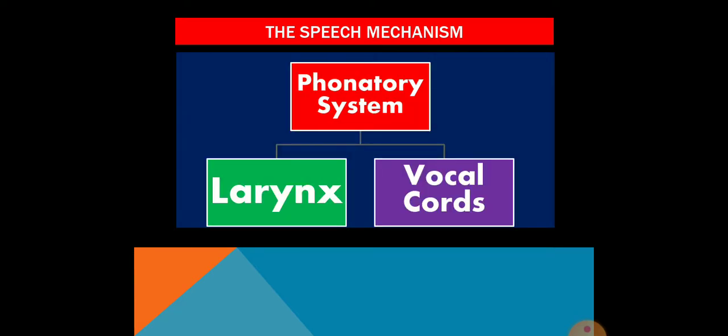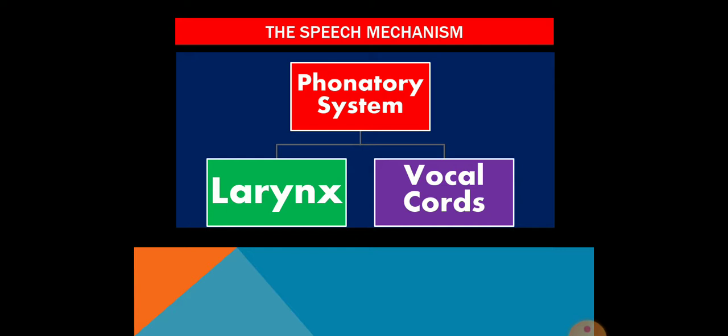Friends, you can see here the second part of the speech mechanism, that is the phonatory system. The phonatory system consists of organs such as the larynx and vocal cords.